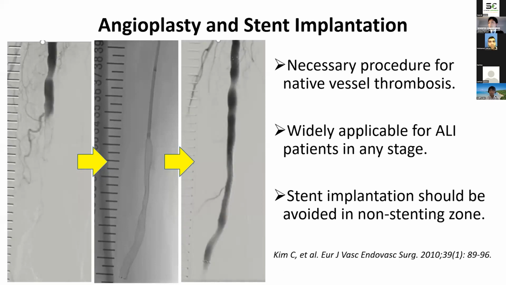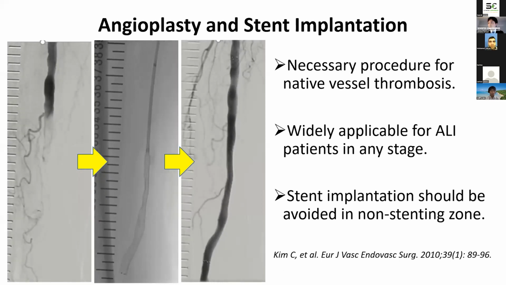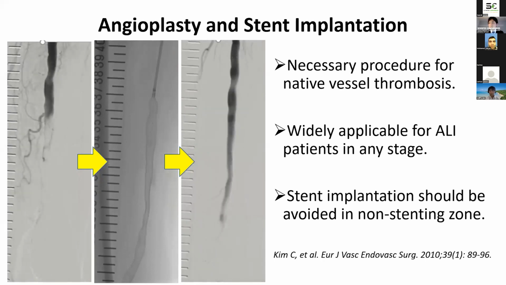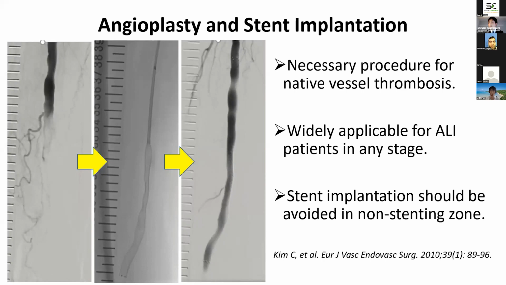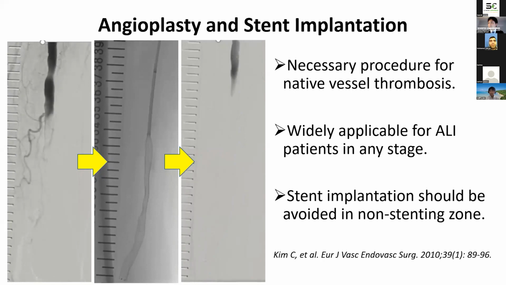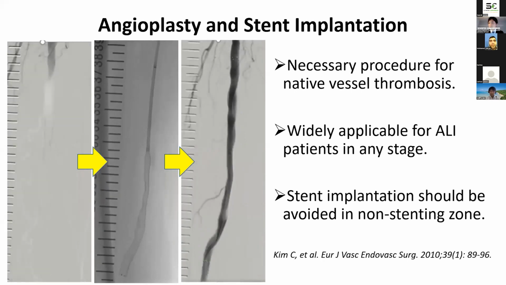However, we should be careful not to deploy it in the non-stenting zone, such as the common femoral artery or popliteal artery, because the non-stenting zone is located at the joint. It easily leads to stent fracture by the joint movement.